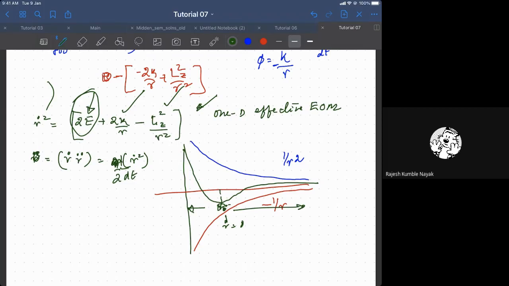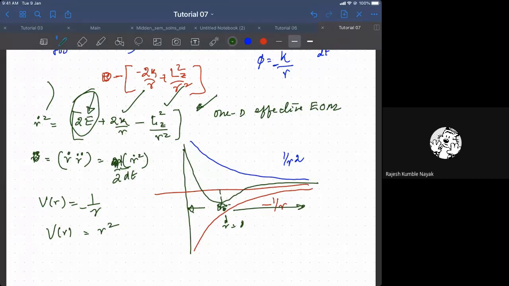You might have heard that the circular orbits are stable only in two potentials. That is V of r is equal to minus 1 by r, and V of r is equal to r square. These two are the potentials in which there exists a stable circular orbit at every point in the space.